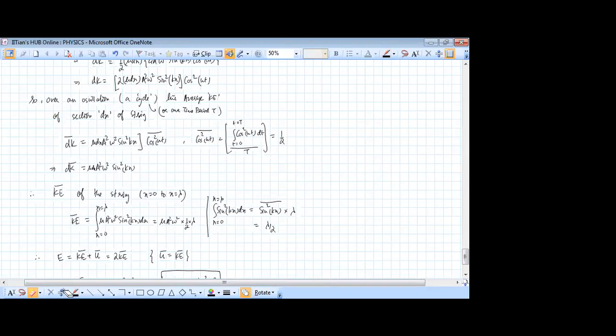One correction here, this should be 2, but then this step is correct. When you put the time average, it will come out to be half only.